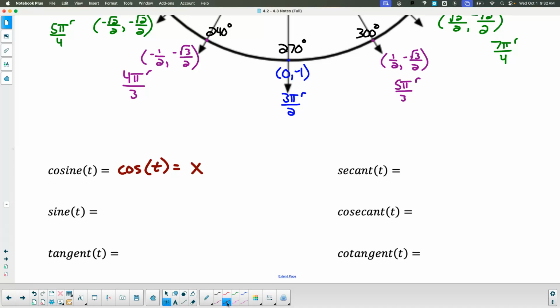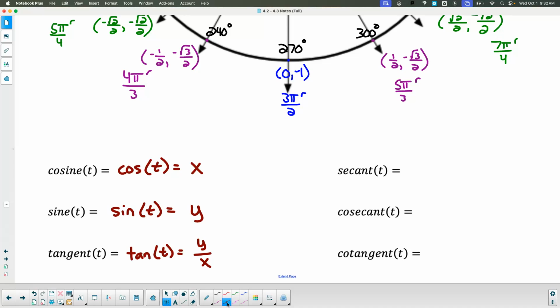The sine of t is equal to what? That'd be the y part then of the coordinate. The tangent of t would be equal to not x over y, y over x. Yep.